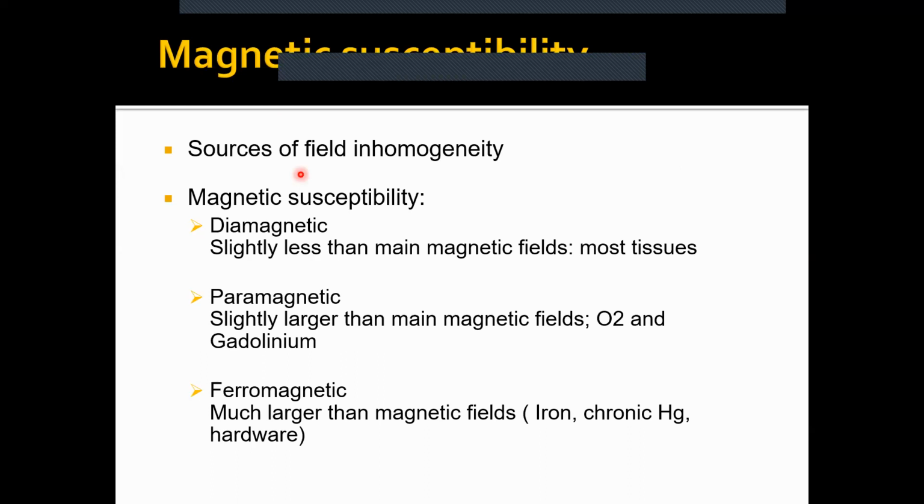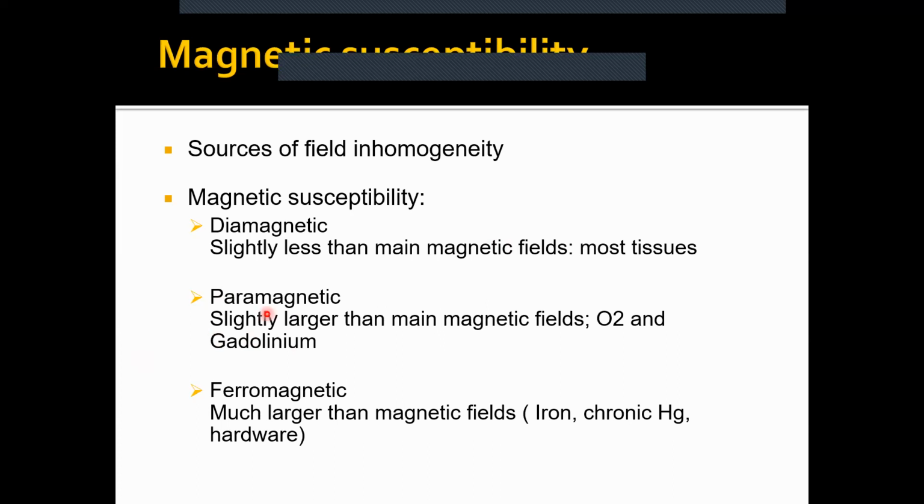Now, MRI is affected by a thing called inhomogeneity. The first thing is stuff that is diamagnetic, and this is most tissue, stuff like water, fat, and so on. Then we have stuff that is paramagnetic, which responds more powerfully to the magnetic field.